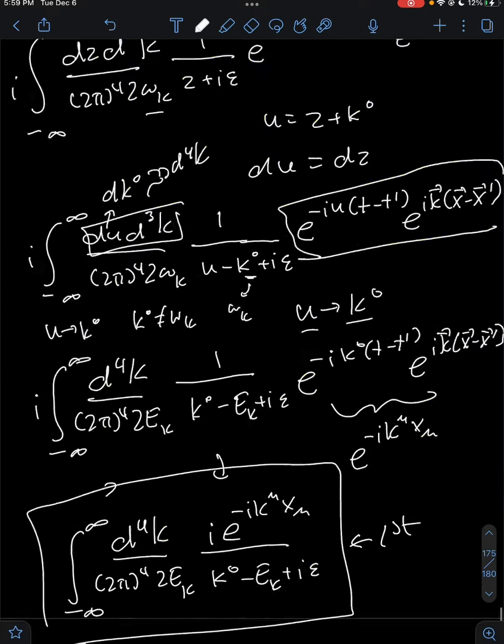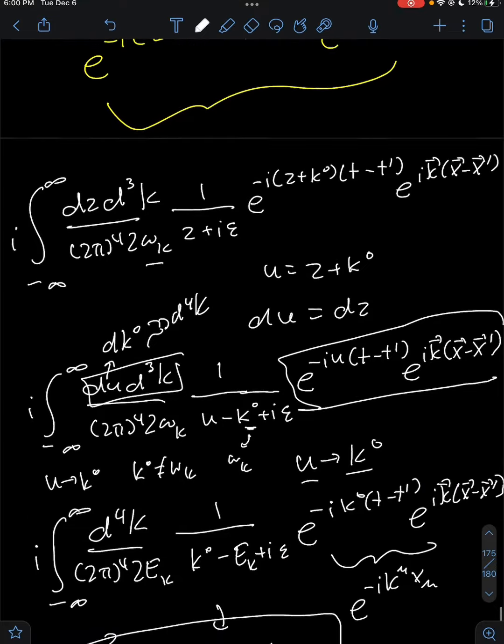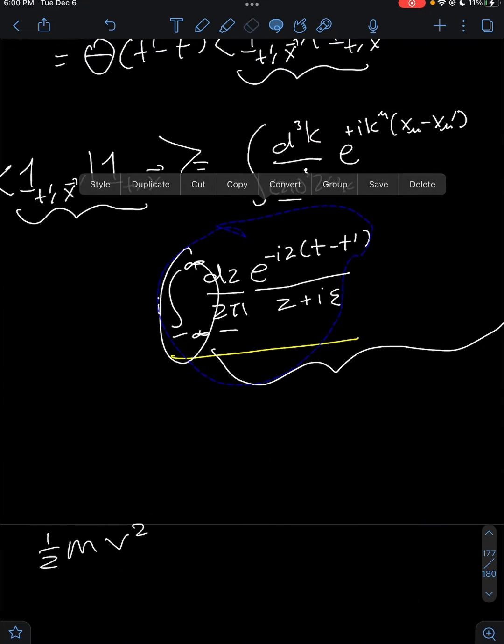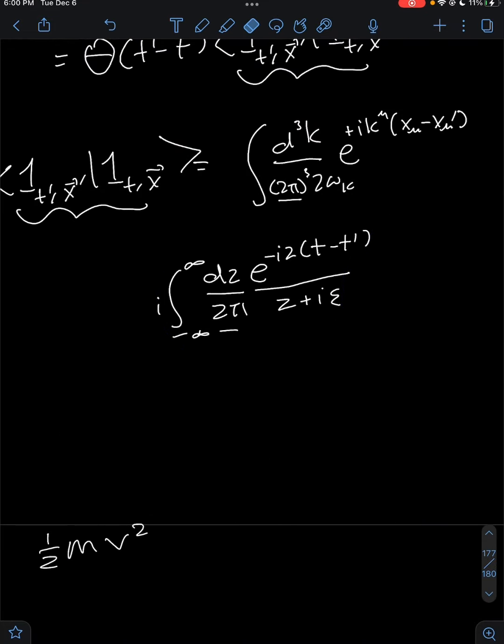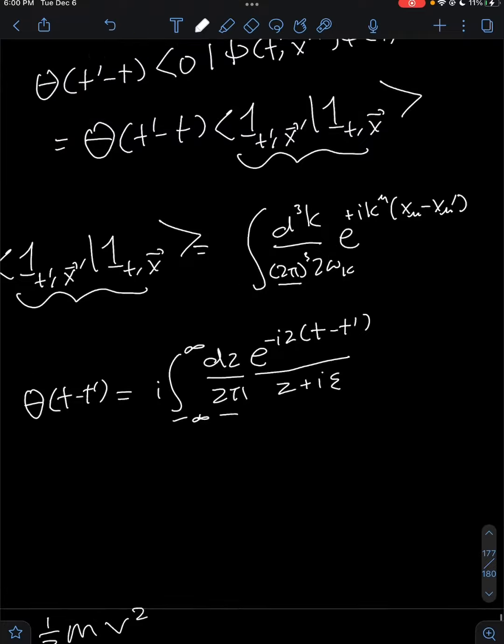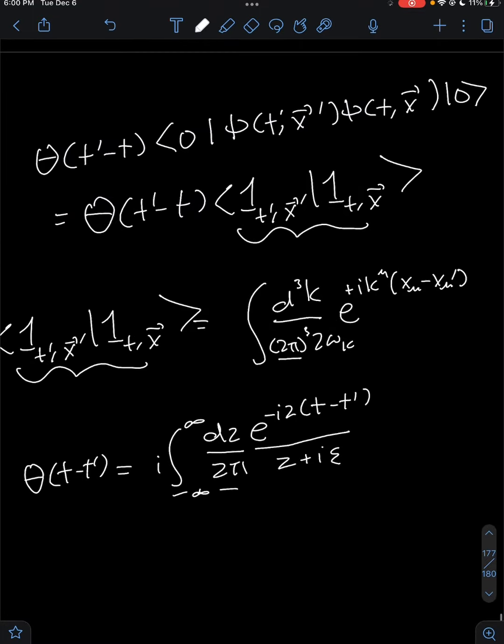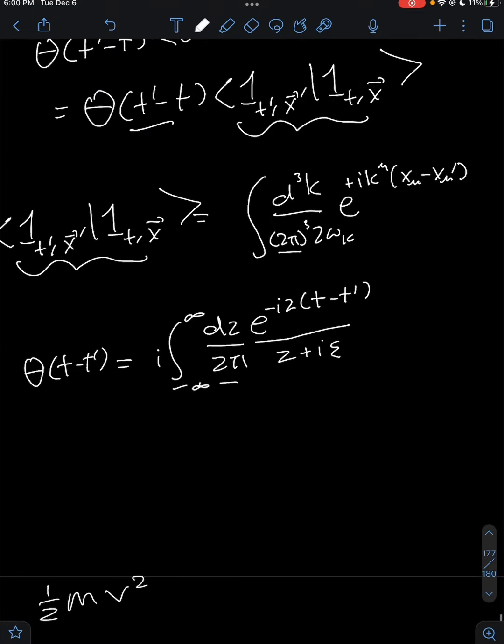And then again, we can use the same formula. This formula over here was for theta of t minus t prime. What we're interested in now is t prime minus t. So all we have to do is swap these around: t prime minus t.